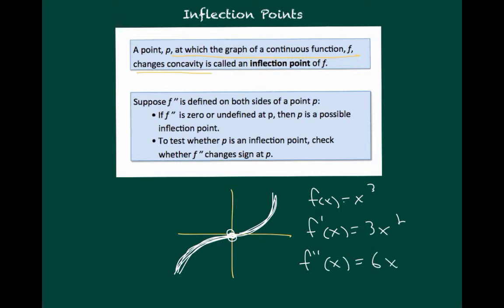If I set 6x equal to 0, then I know that the second derivative equals 0 when x equals 0. And if the second derivative is equal to 0 or undefined, then we have an inflection point, as we do right there at the origin.